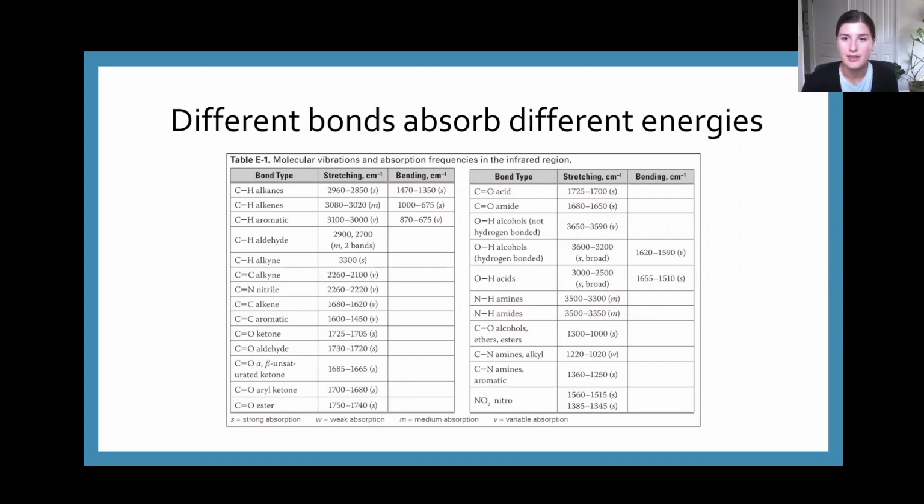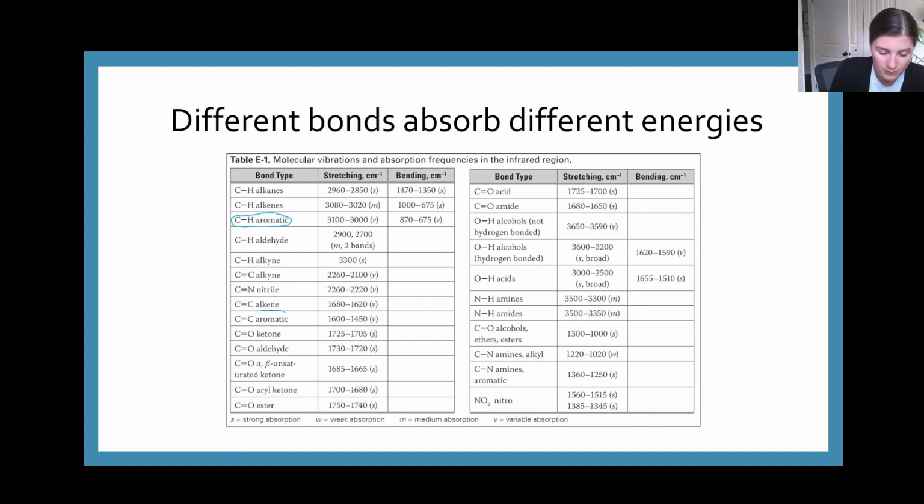Here's a table that I'll share with all of you. I'll upload it to our class website. And this shows all the different frequencies, different wave numbers that correspond to different bond types. So you'll see that we have all of these carbon to hydrogen bonds, the first three. The aromatic carbon to hydrogen bonds have a slightly higher stretching wave number than the non-aromatic carbon to hydrogen bonds.